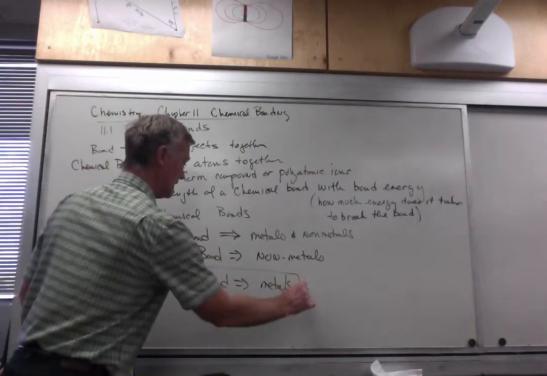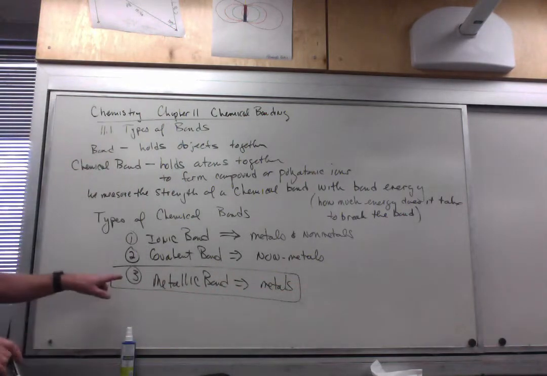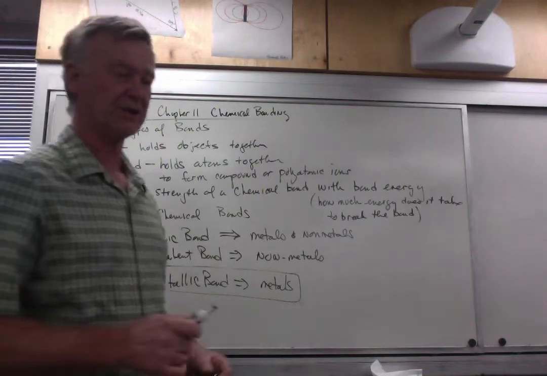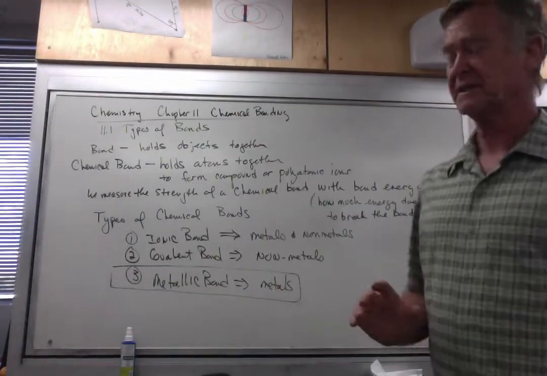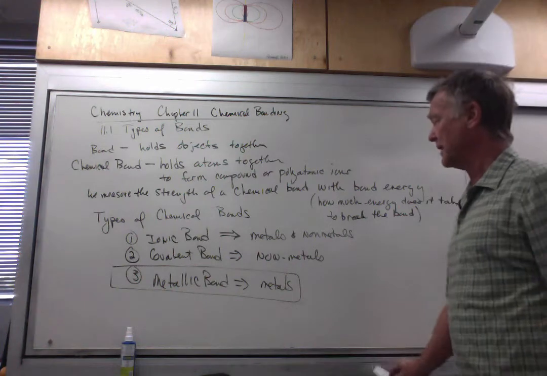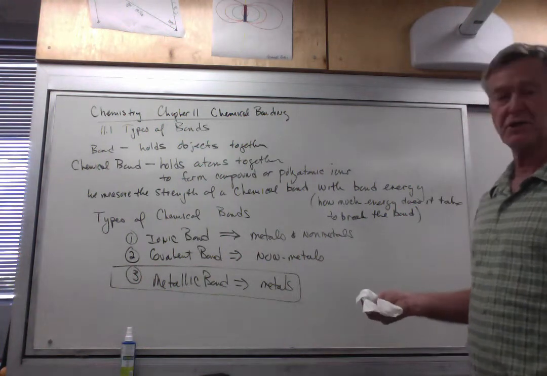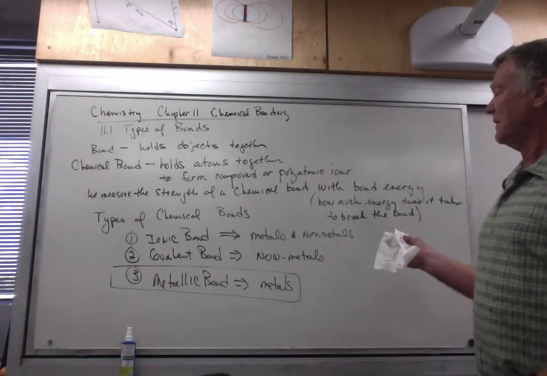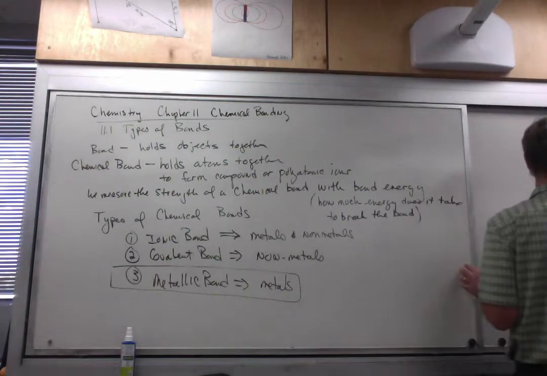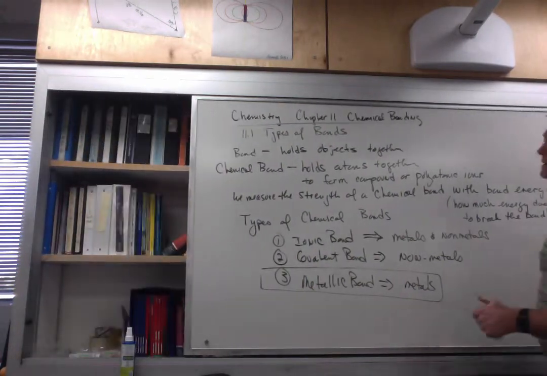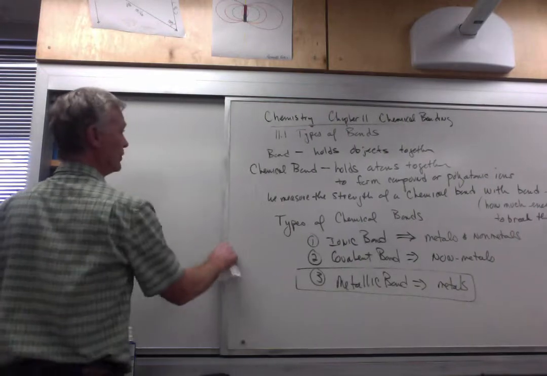Because of the constraints of this class, we're not going to really deal with metallic bonds. I actually wish I could, but I don't think that's going to happen. We're going to stick with ionic bonds and covalent bonds. Let me talk about those two.